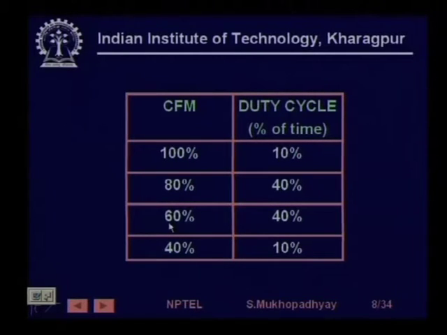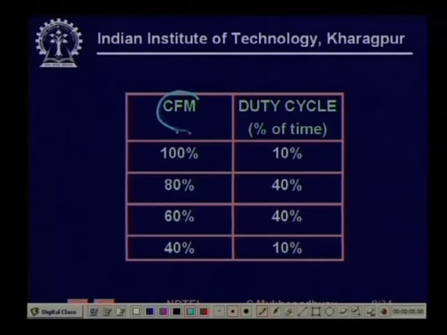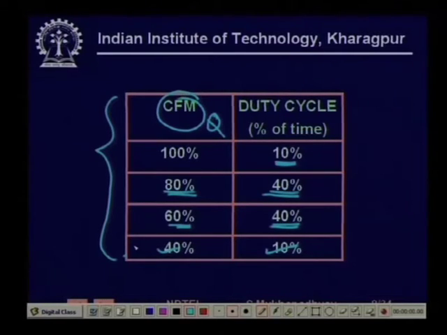Suppose, because we are going to see an example, in our example 100% CFM means, again basically flow, cubic feet per minute, CFM means Q. So, 100% flow stays for 10% of the time, 80% flow stays for 40% of the time, 60% for 40% of the time, and 40% 10% of the time. Imagine such a case, okay.